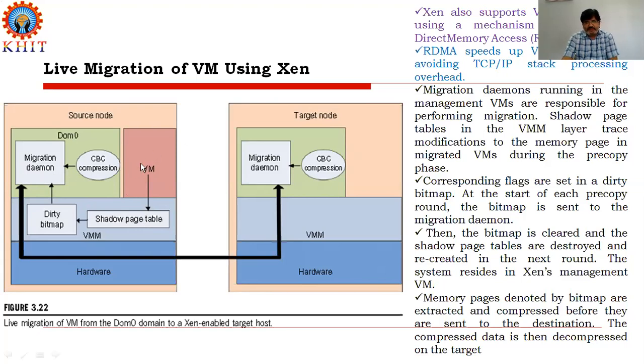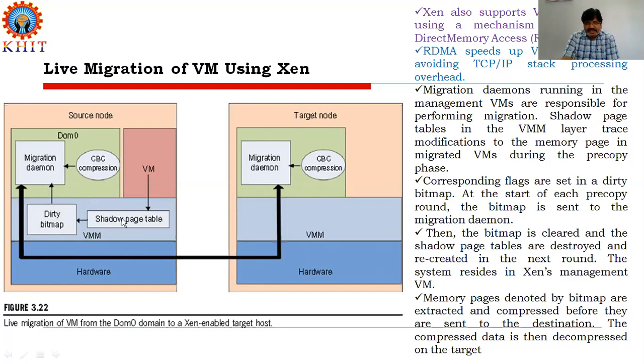So corresponding flags are set in a dirty bitmap at the start of each pre-copy round. The bitmap is sent to the migration daemon. Then the bitmap is cleared, and the shadow page tables are destroyed and recreated in the next round.